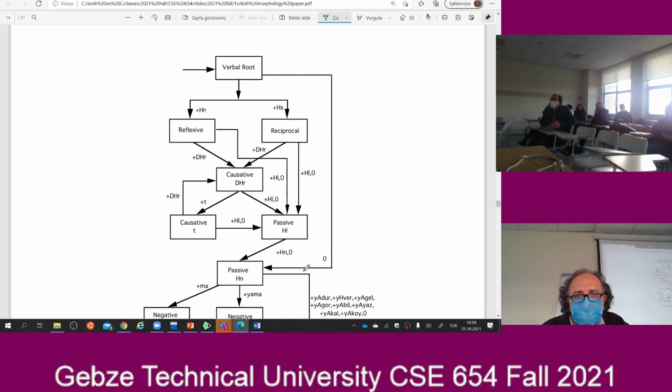This is edilgen, I think. Yeah, passive, but koşuşu, what is what? Did we do it right? This is koş, koşun. Kaşı, kaşın, kaşındır, kaşındırt. Remember that one? Kaşındırt.